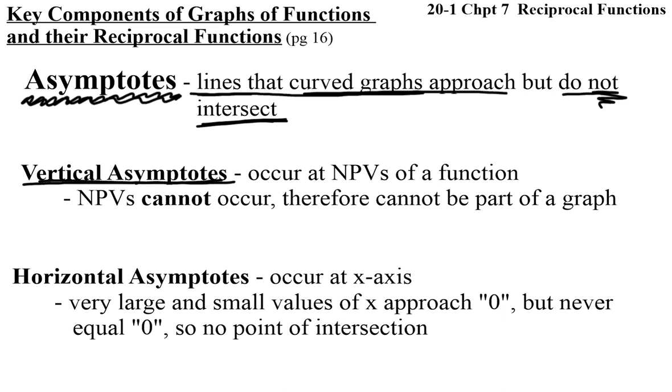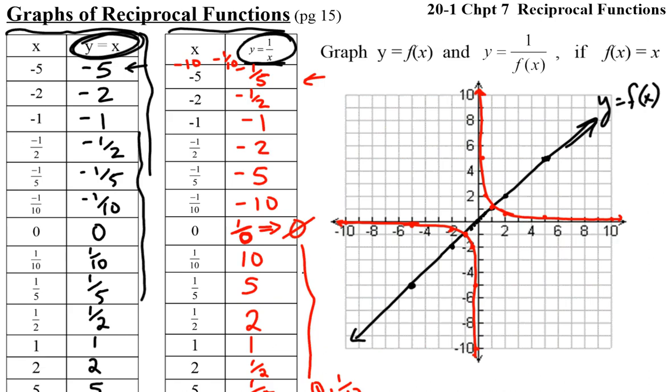If we go to our graph, our vertical asymptote, what were we approaching vertically but never hit? Well, our vertical asymptote was we were approaching the y-axis, and we got to like 1/10 down here and 1/10 close to it up there, but never got to it.